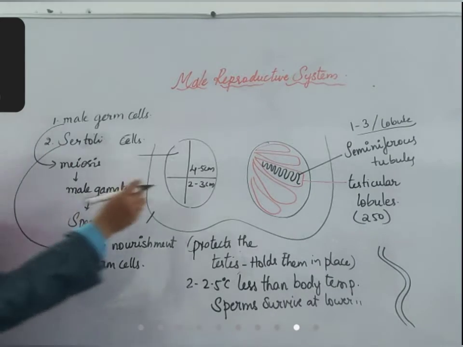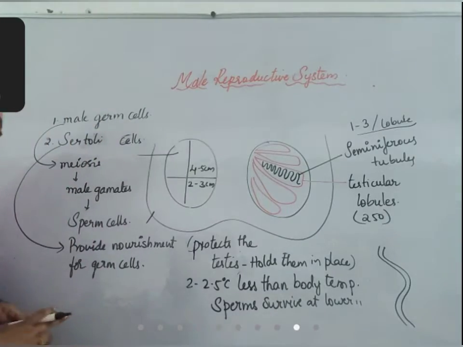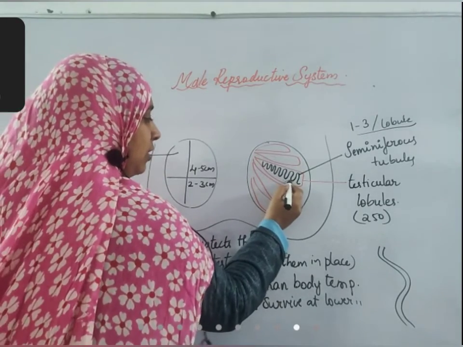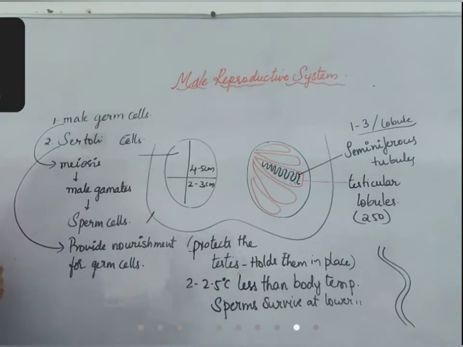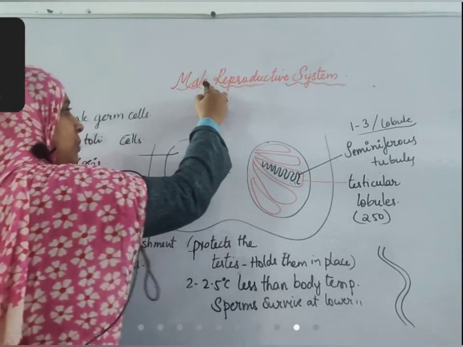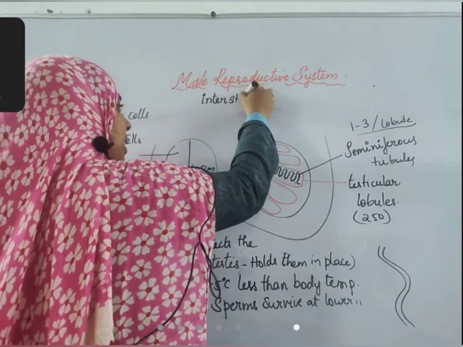These two cells make the seminiferous tubules, but there is a lot of space in between the seminiferous tubules. This space is called the interstitial space.